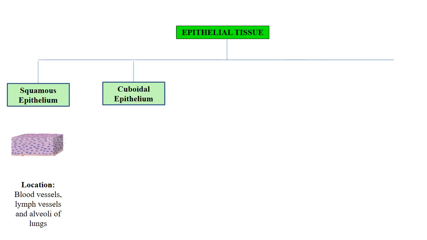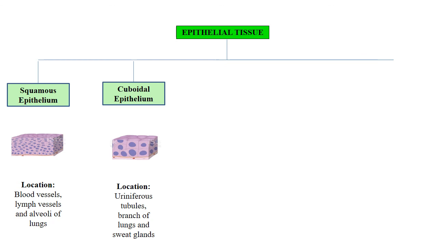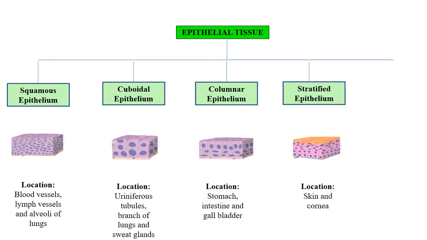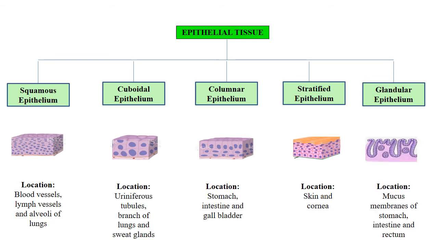Cuboidal epithelium, location: uriniferous tubules, bronchi of lungs and sweat glands. Columnar epithelium, location: stomach, intestine and gallbladder. Stratified epithelium, location: skin and cornea. Glandular epithelium, location: mucous membranes of stomach, intestine and rectum.